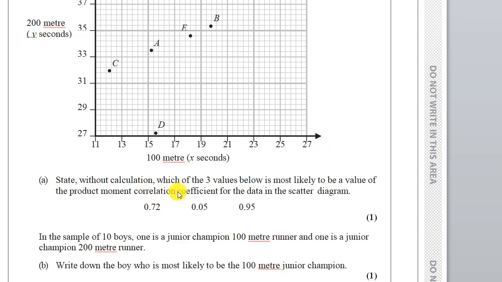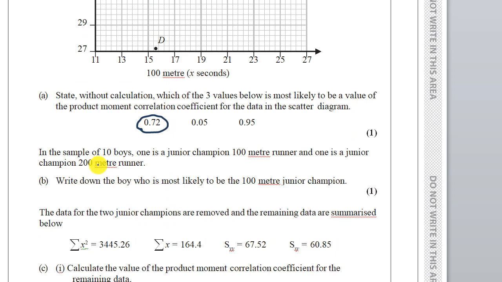State without calculation which of the three values below is most likely to be the value of the product moment correlation coefficient for the data in the scatter diagram. Of course, it's a moderate relationship. So 0.72 here is the value for the moderate relationship.